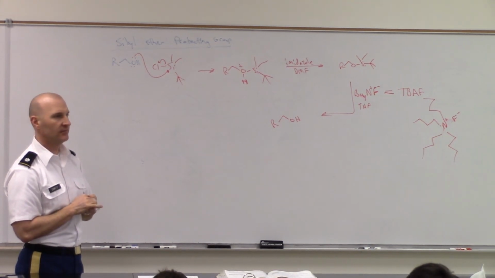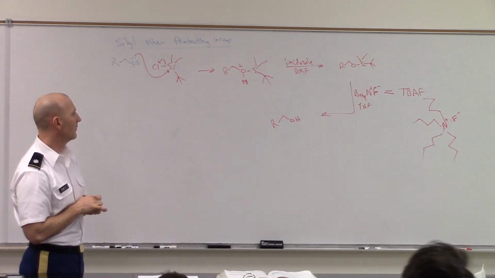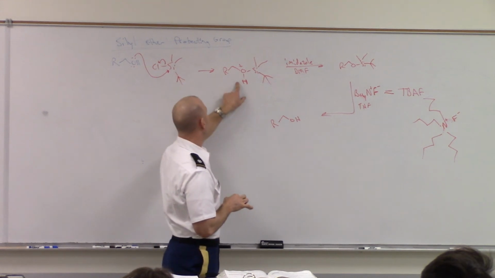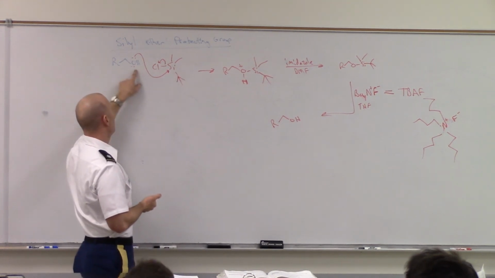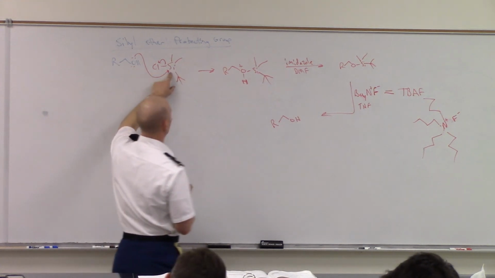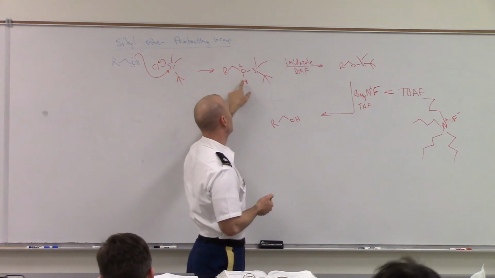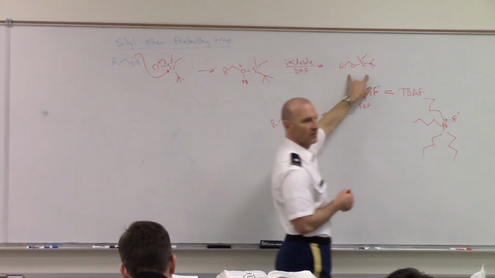So the entire thing is to protect our OH? You make a silyl ether by reacting with the silyl compound. The imidazole and DMF end up taking off the hydrogen and cleaning up the chlorine so that you just get this.